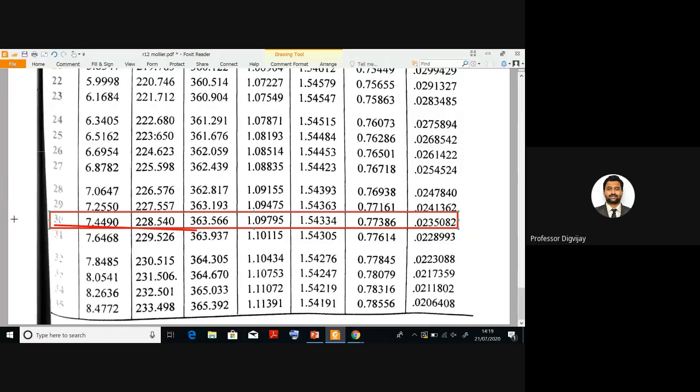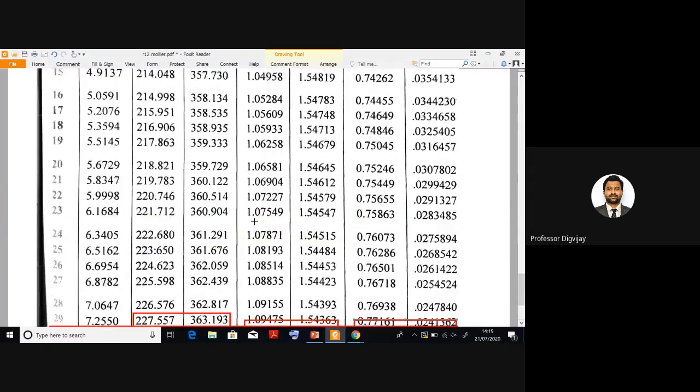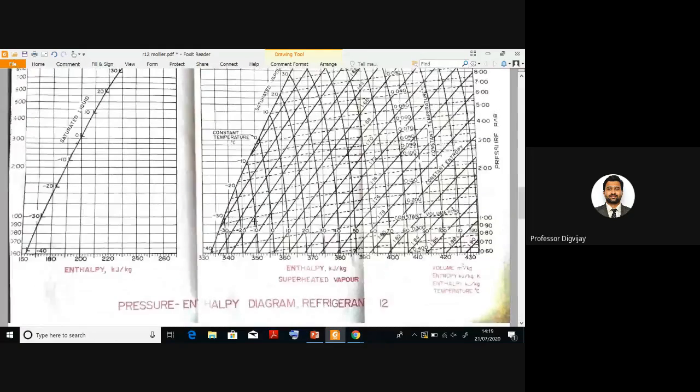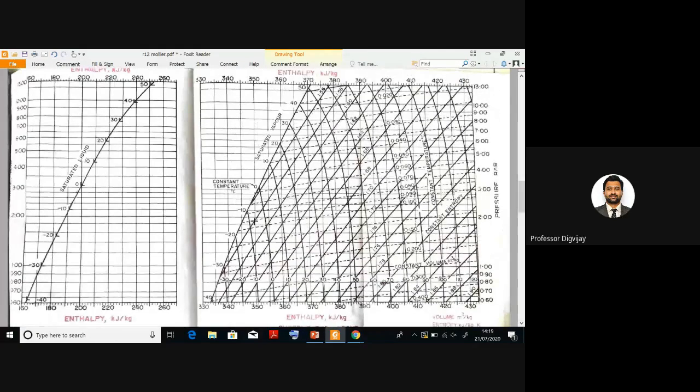If I take 30 degrees Celsius, at that time R12's pressure is say 7.45. These two are enthalpy values. Then these two are its entropy values. Then these two are its specific volume values. I hope you are understanding what I am trying to explain here. We have studied the pH diagram, and now I am showing the pH diagram for R12.